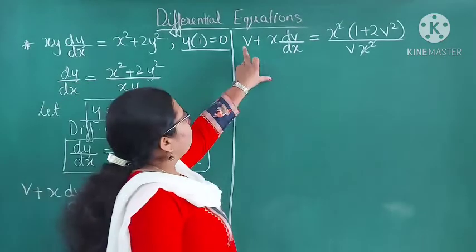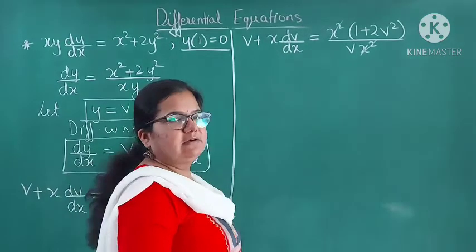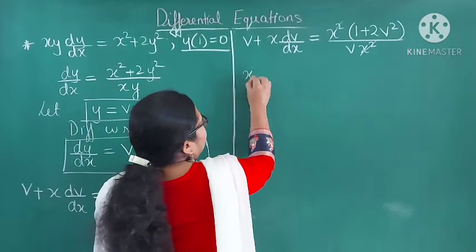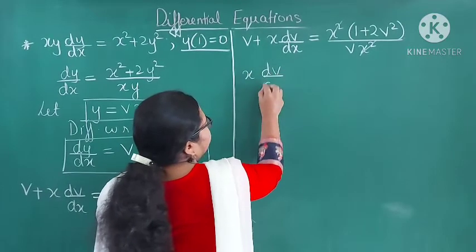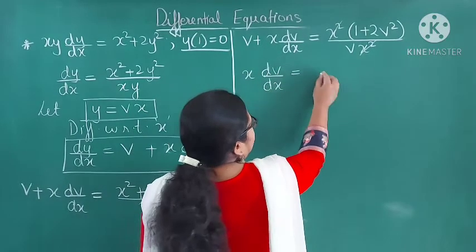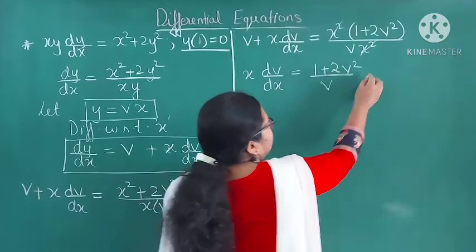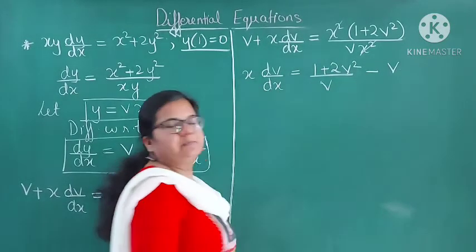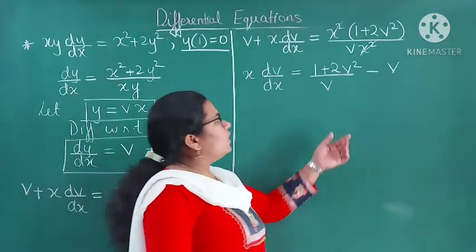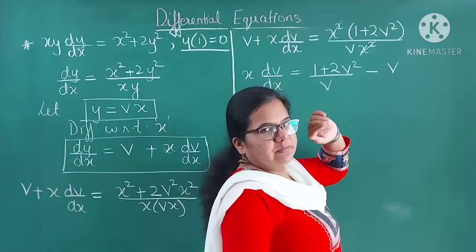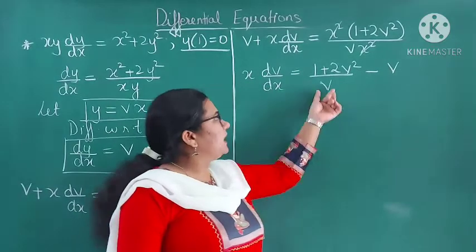Okay? Now we will take this v on the other side. It will become minus. So you have x dv upon dx is equal to 1 plus 2v square upon v minus v. Okay? Now what we need to do? We need to make the denominator same. So here you need to multiply by v.